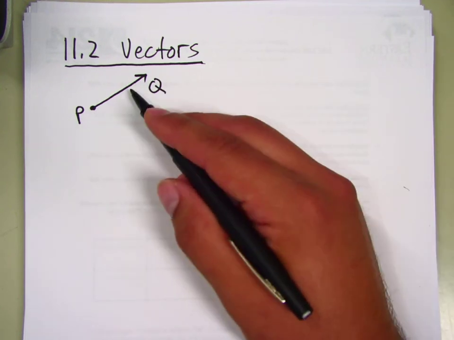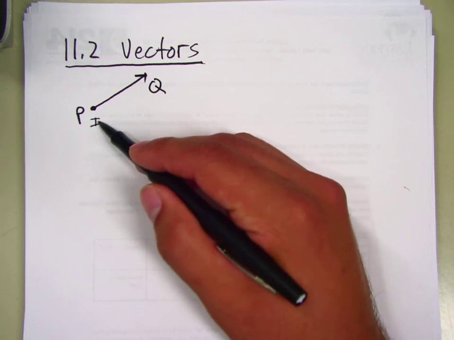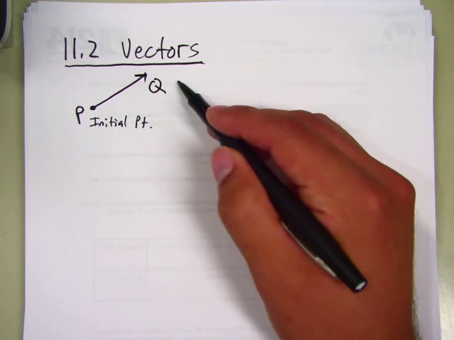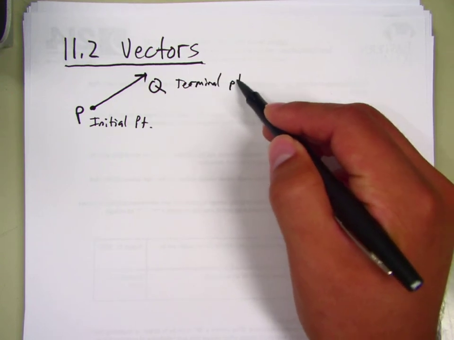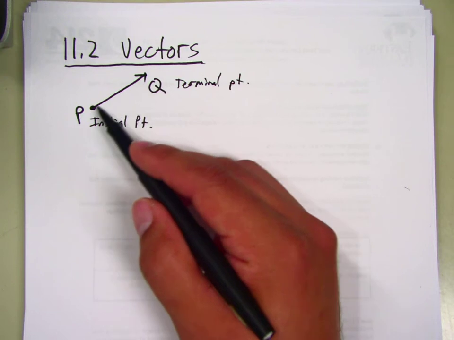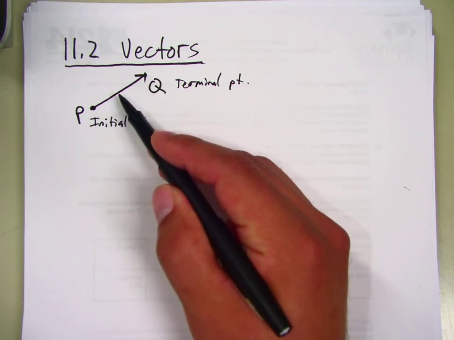It looks like a ray on paper, right? But it does actually end. So there's an initial point and a terminal point. Okay, and what makes something like this a vector is that we have a direction and there's a length to it. Those are the two things necessary.